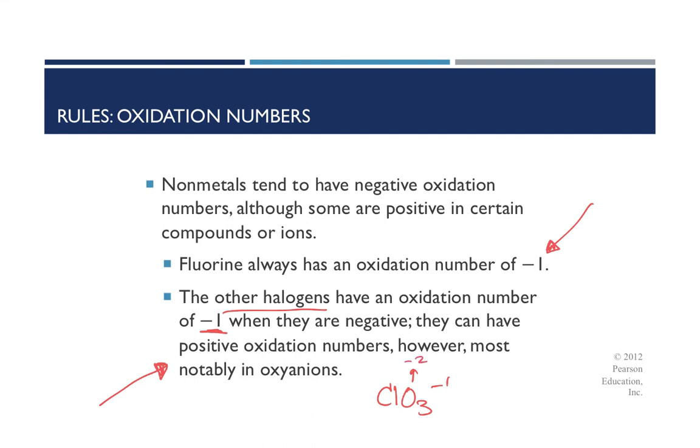That's a rule. So if I have 3 oxygens altogether, that would be an oxidation number of -6. And so in order to make the overall charge -1, chlorine would have a charge of +5. So again, halogens, when we put them into oxyanions, in other words, polyatomic ions that include oxygen, can end up with a positive oxidation number.